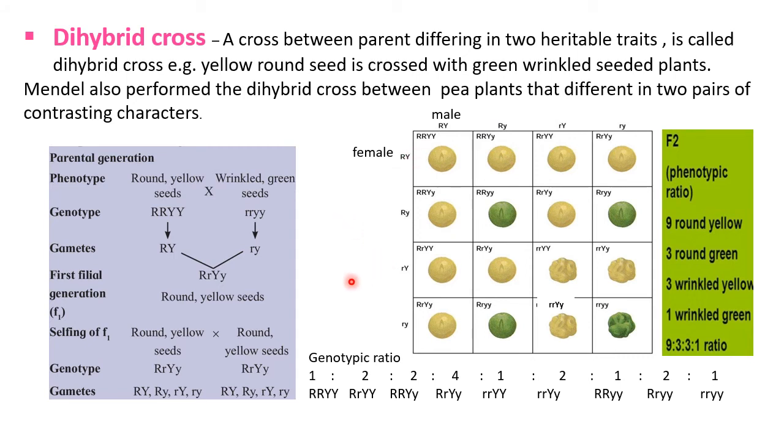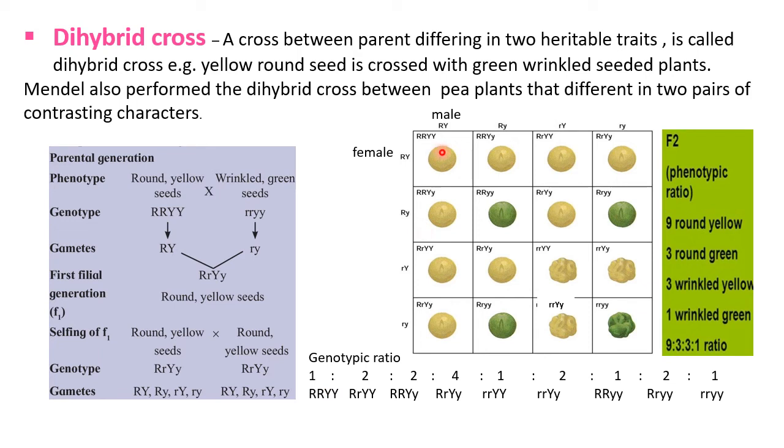Now here we see the genotypic ratio. The genotypic ratio is based on the presence of genetic combination in the individual. The first genetic combination is both capital R and both capital Y in the ratio of 1.